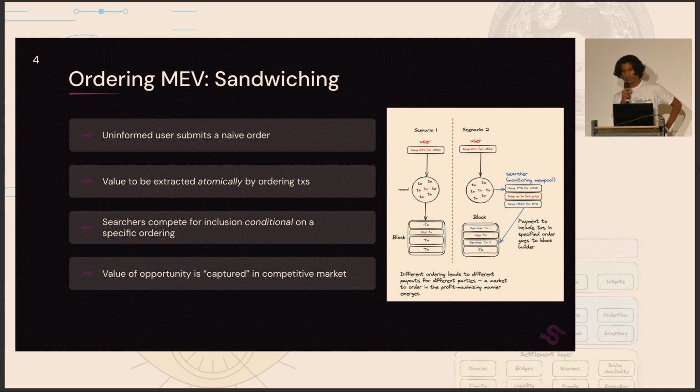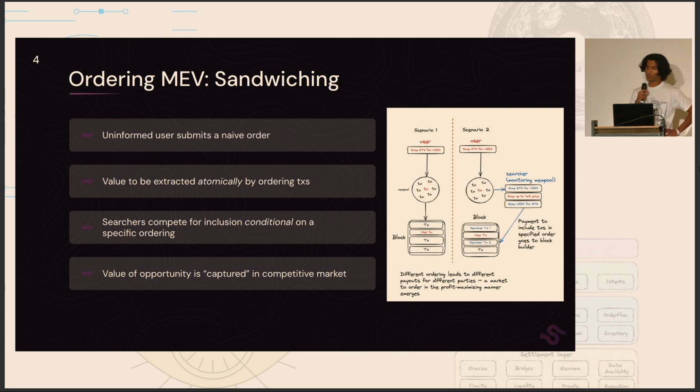In scenario two, now we have people monitoring the mempool, realizing that this is a naive transaction with a huge slippage tolerance, and now they are going to want to sandwich it, right? They're basically going to want to fill this user at their limit price and then take the liquidity from the pool. The LPs will get the delta of the three swaps of the pool, and the arbitrager will basically get whatever was lost by the naive swapper.